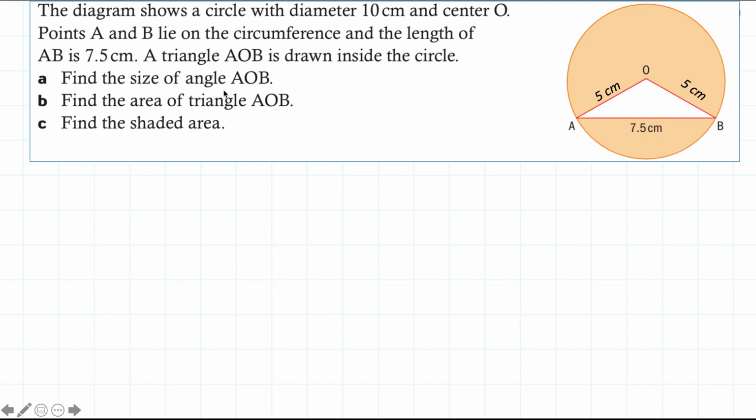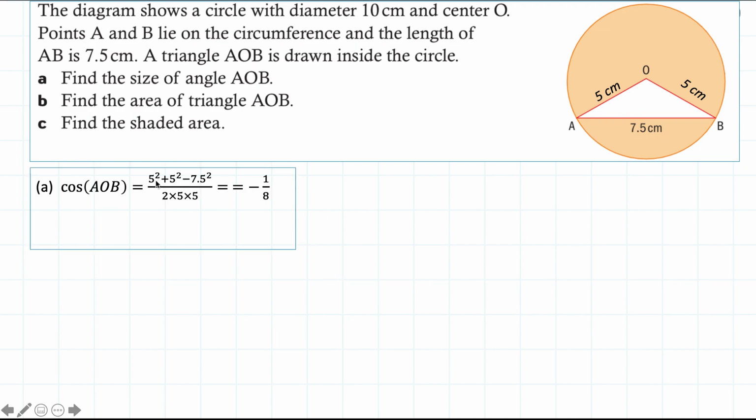For part A, they want the size of the angle AOB, so we pick the middle letter. As you can see, it's not a right angle triangle, but we do have all the lengths, which means we can use the cosine rule to find this angle. Using the cosine rule, it's the lengths next to it squared, minus the opposite length to my angle.